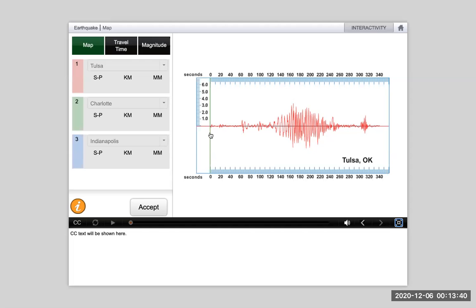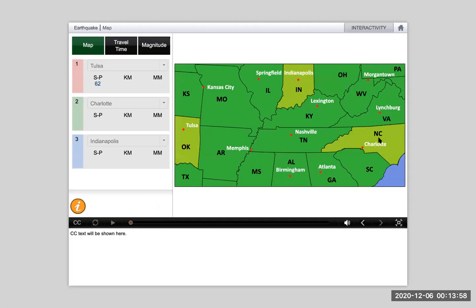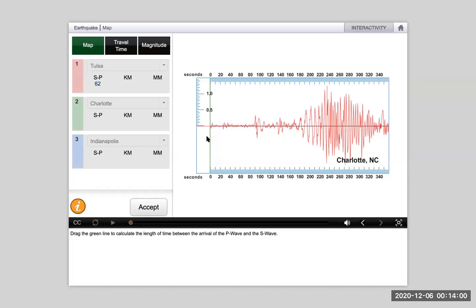So I will grab this dark green line, and I'm going to move it from the beginning of the P wave right there where my pointer is pointing over to the beginning of the S wave, which is about right there. Move it back a smidge, and I'll accept that. Now I'm going to Charlotte. Drag the green line to calculate the length of time between the arrival of the P wave and the S wave.